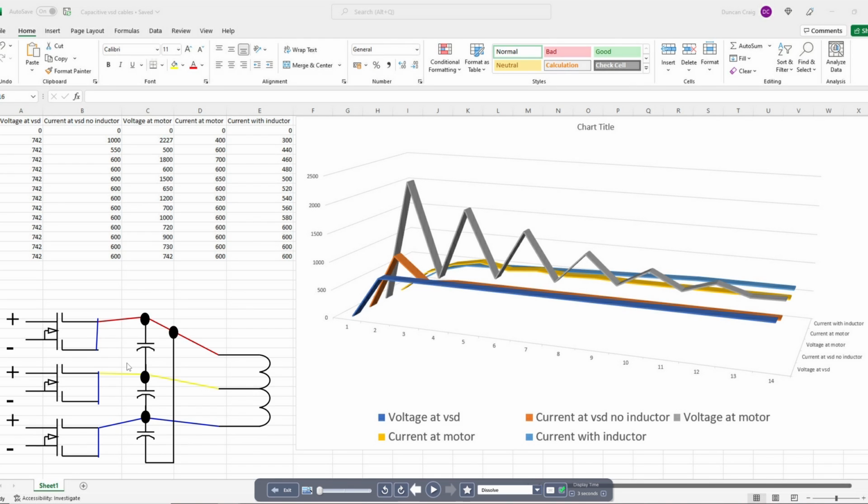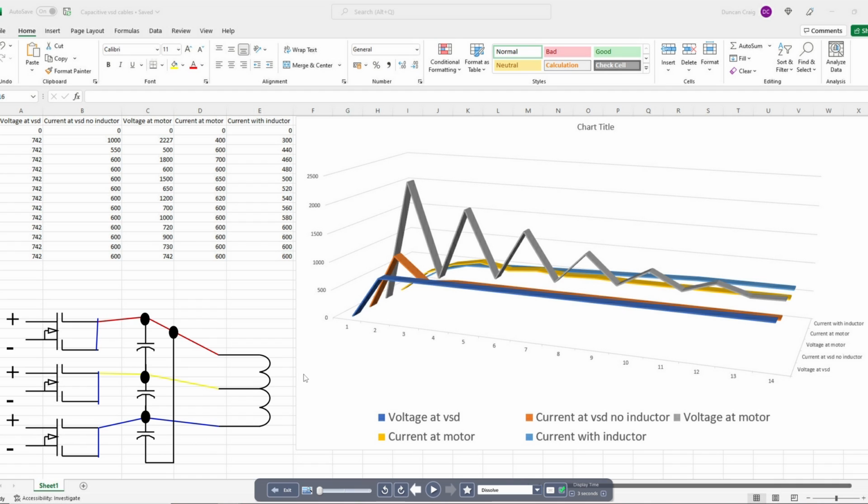And they add maybe 5 to 10% to the installation cost of the VSD. Inductors are not expensive, and provided your panel's not too tight, there's usually room for it as well. They're not too big generally either, or it doesn't need to be in the panel, it can be outside in its own little box.